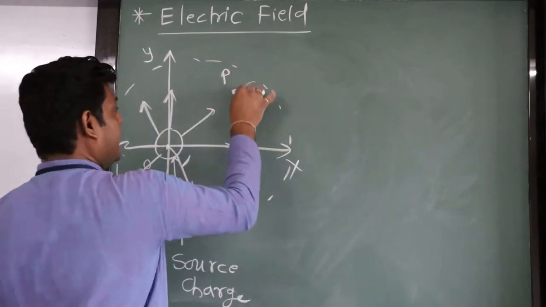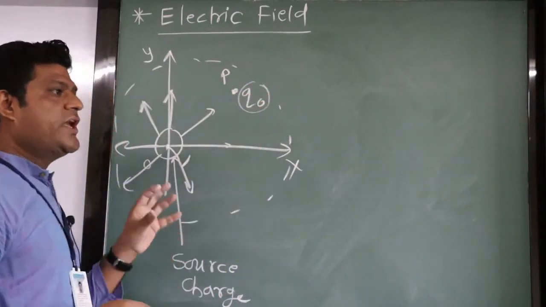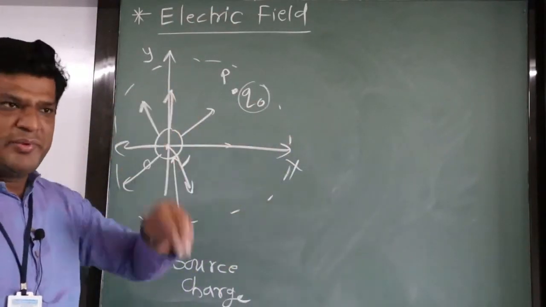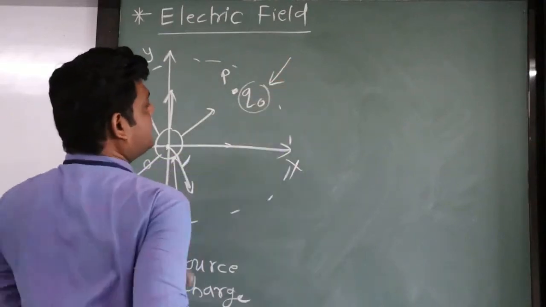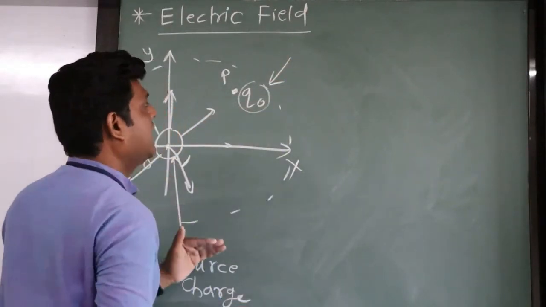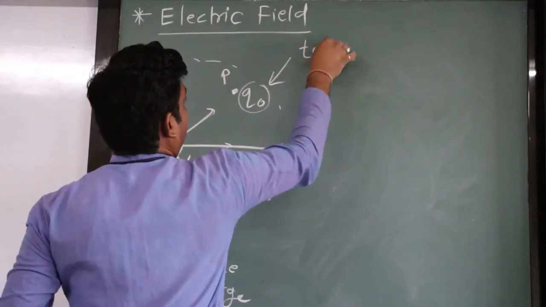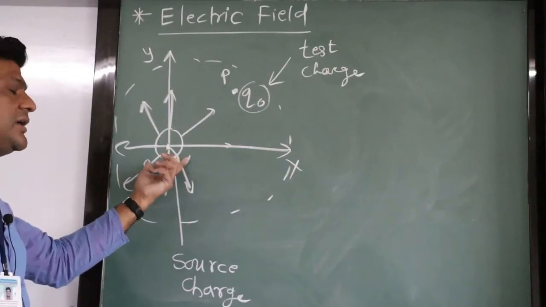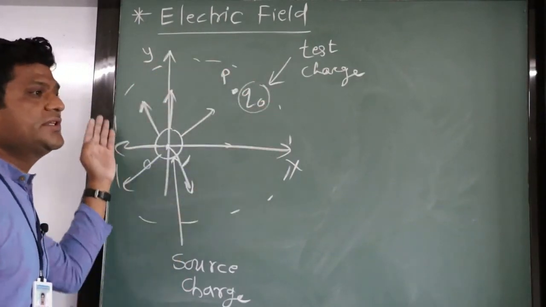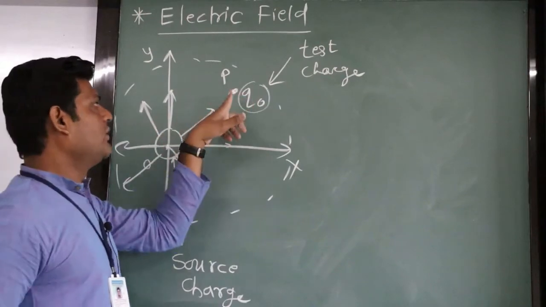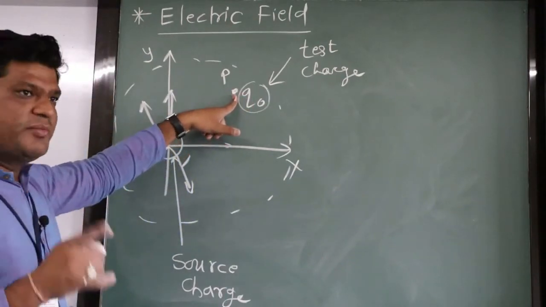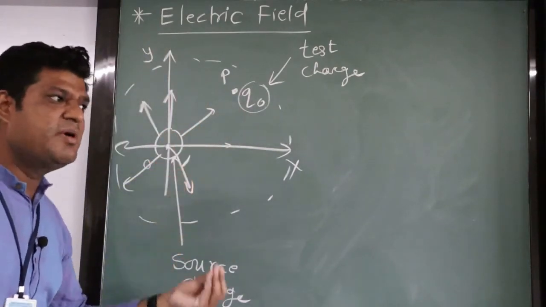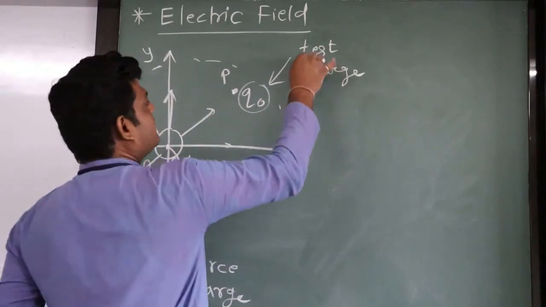At point P, we keep one charge Q0 to find the intensity at point P. That is why this charge Q0 is known as the test charge. It must be a minimum charge.